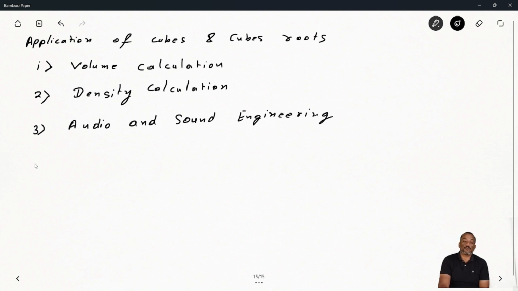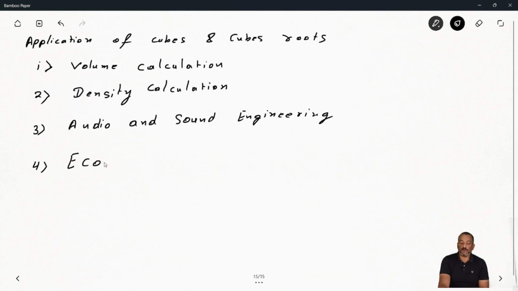Now the fourth one: a student who is planning to go with the accounts side or the economics side. There are a lot of calculations related to compound interest and others, so there you require cubes and cube roots.